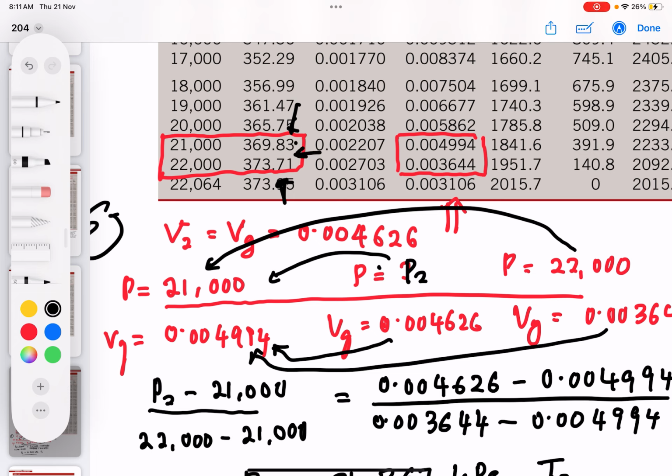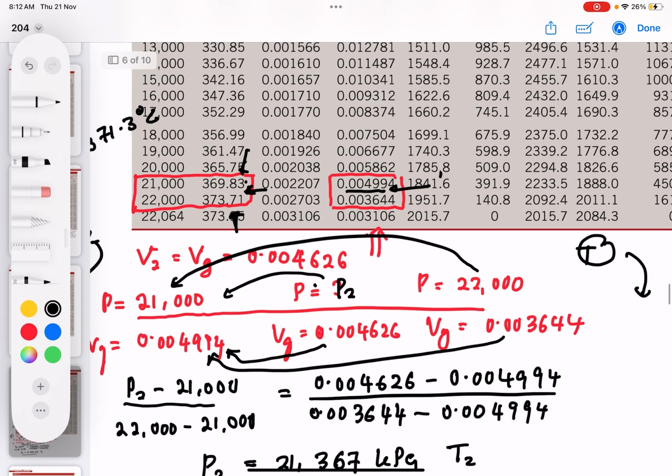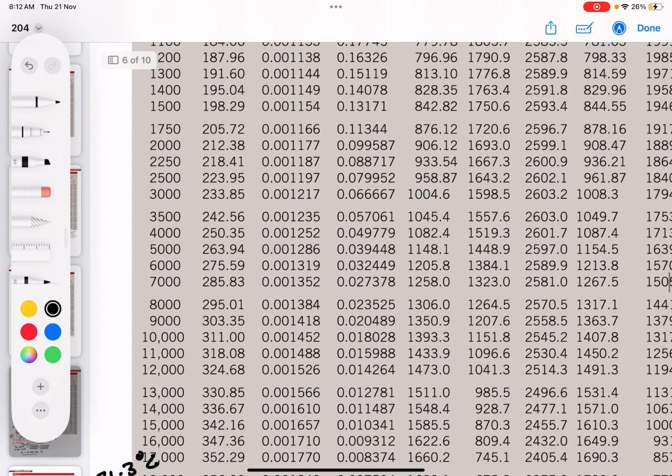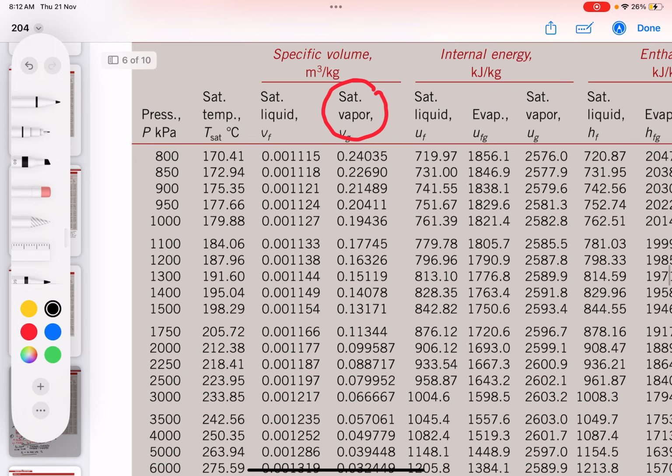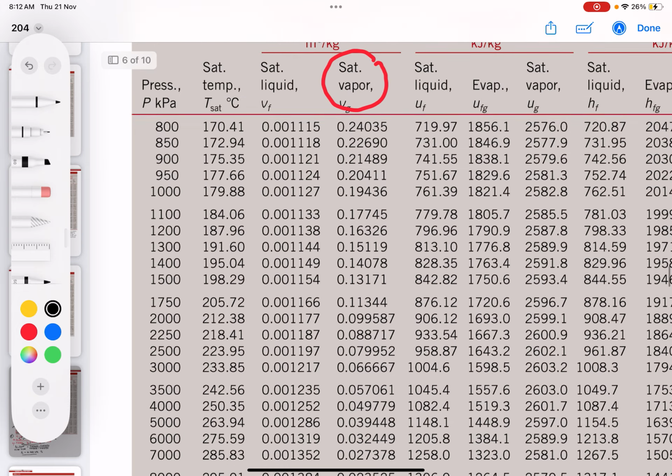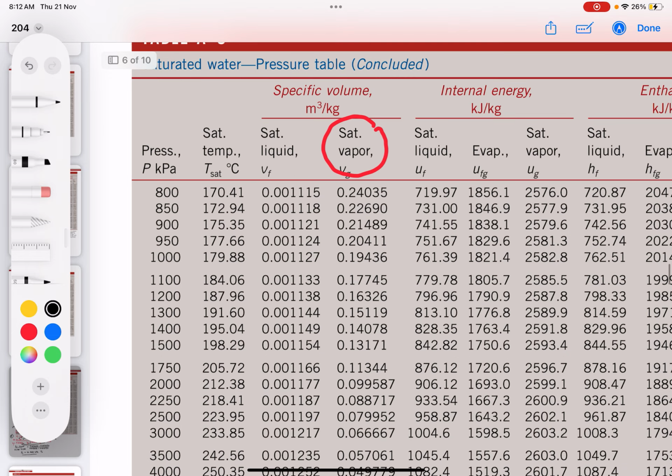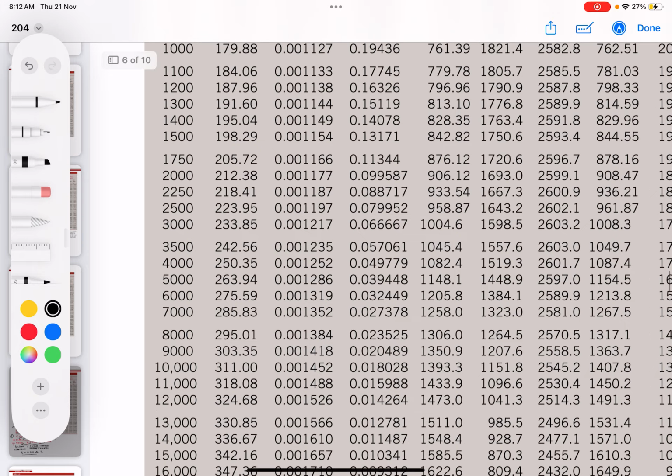My answer should be in between this value. Why? Because my specific volume for saturated vapor here was in between this value. Therefore, my temperature also should be between this value. And then I'm getting the answer somewhere around 371.3 degrees Celsius. And then we have to find the U2, which is internal energy. For the internal energy, because it was in the saturated vapor region, therefore I have to find the Ug.